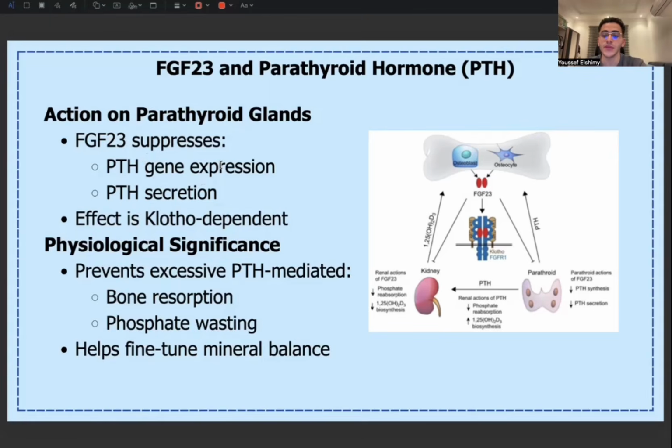So whenever we have decreased PTH, there would be decreased calcium and phosphate mainly. So FGF23 prevents the excessive PTH-mediated effects. As a result, it would decrease bone resorption as well as phosphate wasting. And the overall effect of FGF23 is to help fine-tune the mineral balance in our body.